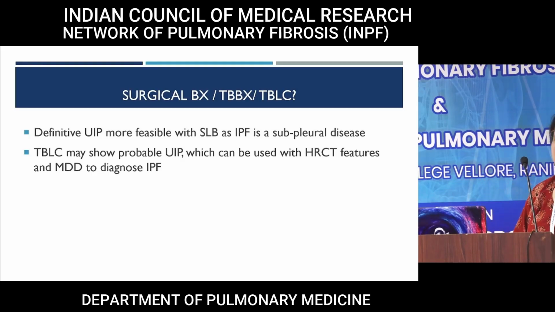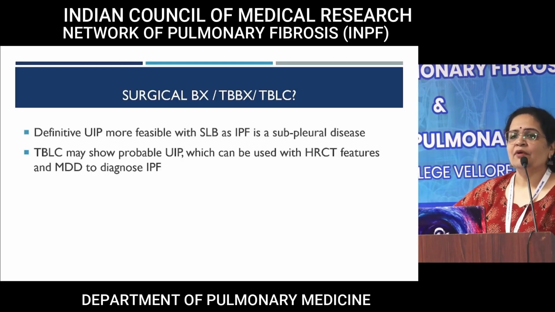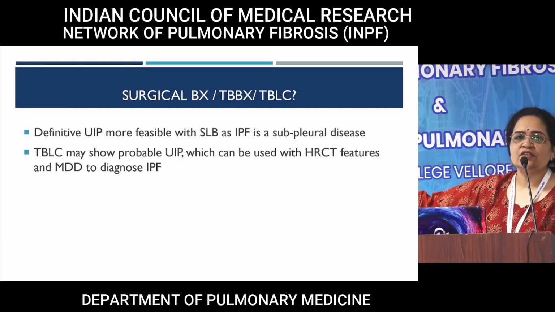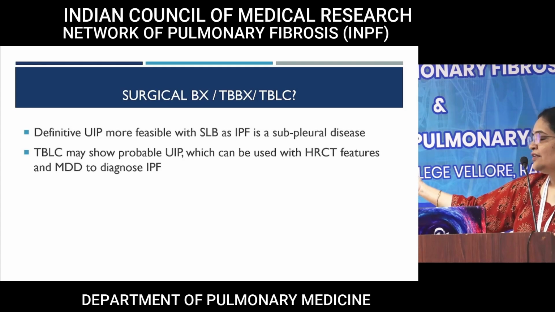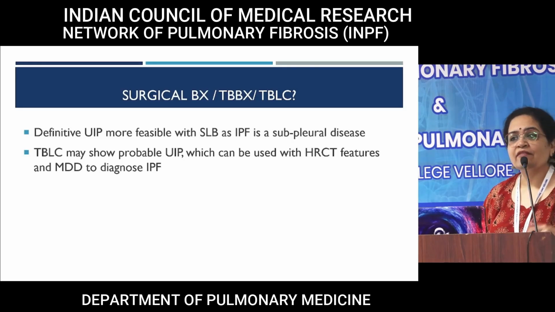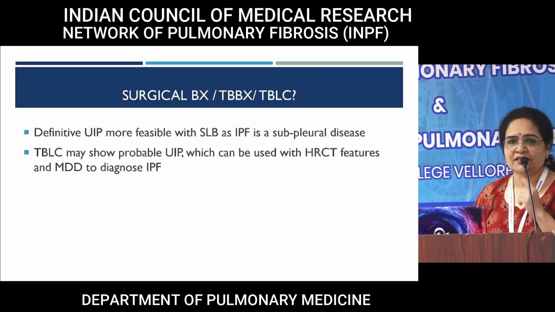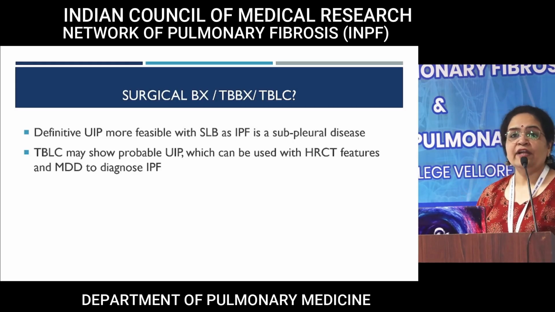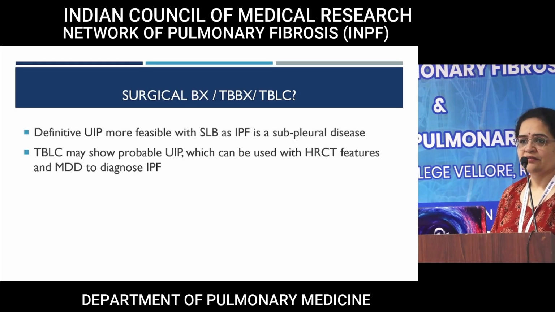Definitely I will not do a TBCB. I will not do a lung biopsy. I will not know where to biopsy. There is one area which is fibrotic, the rest of the areas are patchy. BAL cytology will not give me anything. There is nothing to suggest anything right now. So I have to go for an MDD, await the myositis panel report, and wait for progression probably.